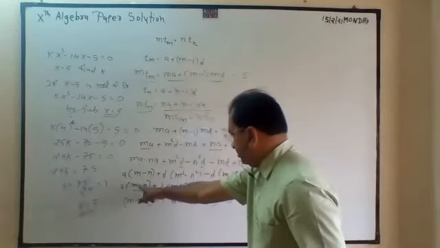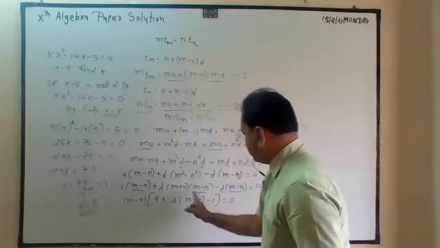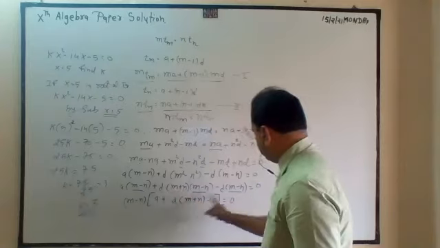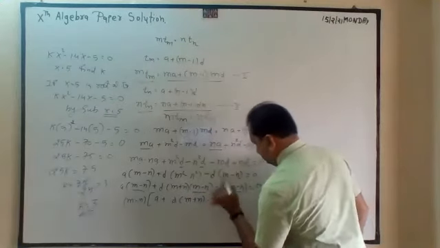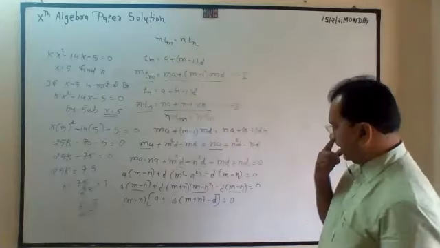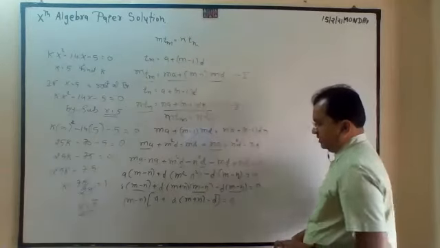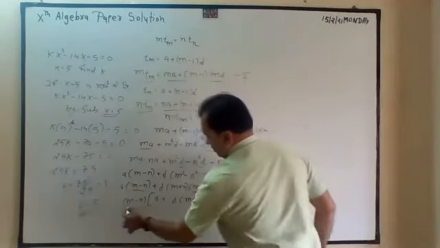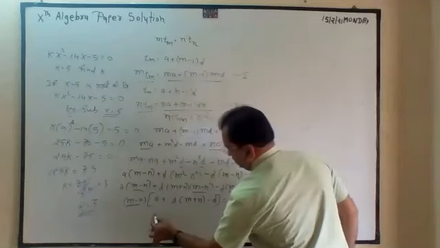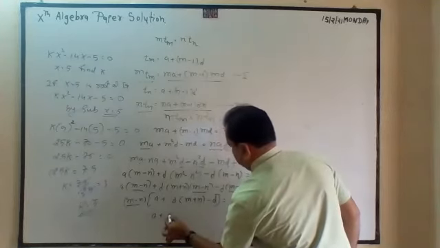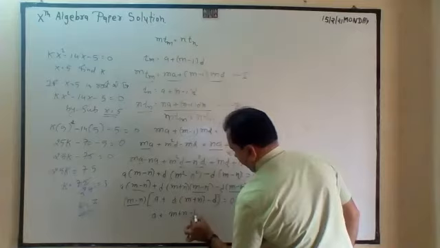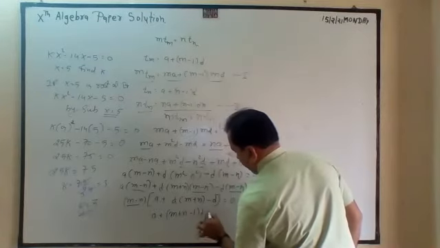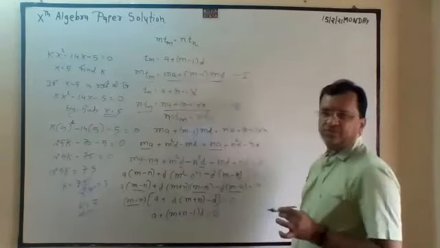From this I have taken a common. From this I have taken this out, so this is d. Correct? Now divide by this, so this will omit. A plus d again common, so a plus (m plus n minus 1)d is equal to 0.